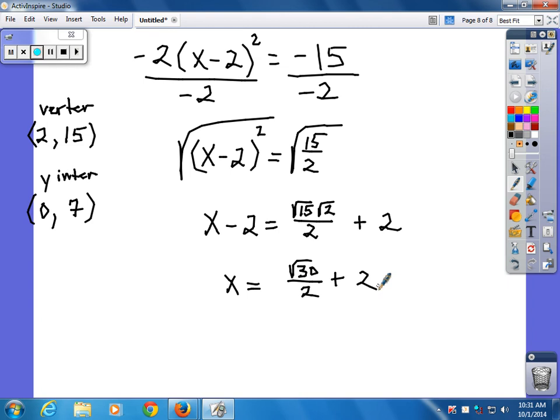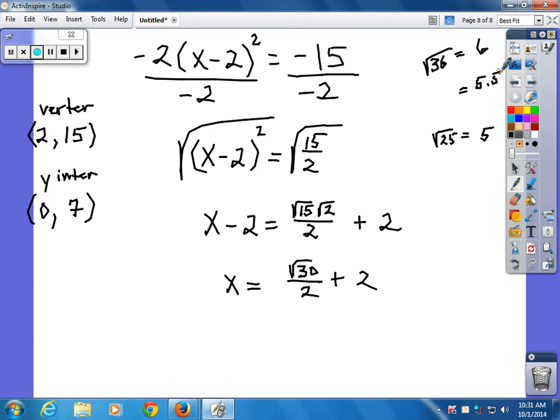So let's concentrate on the square root of 30. Well, the square root of 25 is 5. The square root of 36 is what? 6. What's in the middle? 5.5. The difference from 25 to 36 is 11, right?